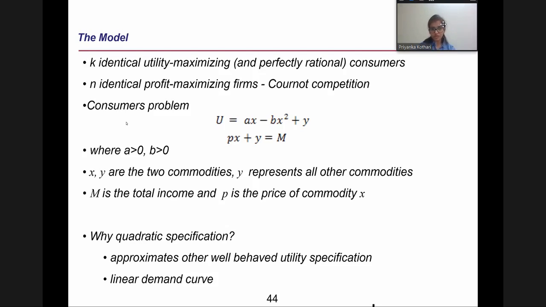P is the price of commodity X, and Y represents all the commodities with numeric price, and M is the total income. So we have taken a quadratic specification of the utility because it approximates other well-behaved utility specifications, and it also gives us a linear demand function, which makes our life a little more simple.